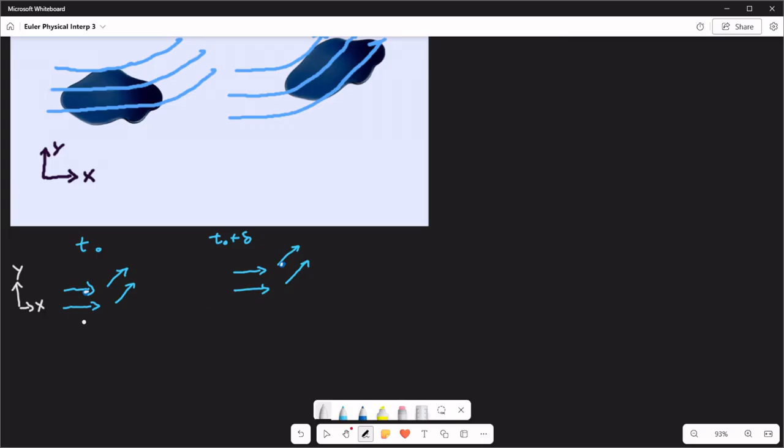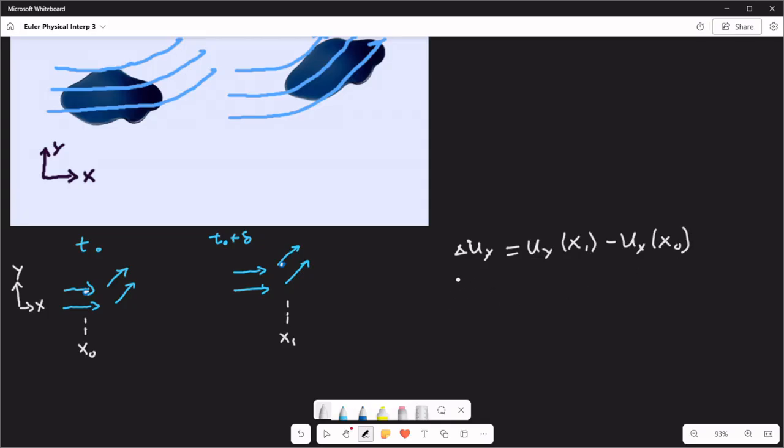Let's say this point starts at a location of x naught, and it moves to a new location called x1. So there's this change in the velocity in the y direction. So the change in uy, which is the velocity in the y direction, equals uy at x1 minus uy at x naught.